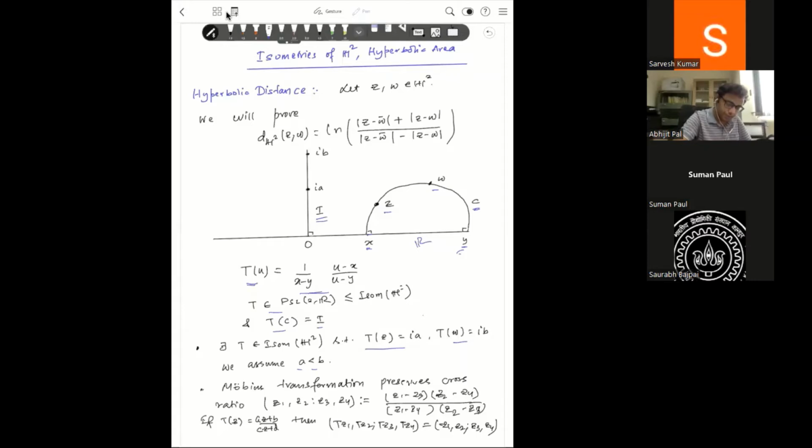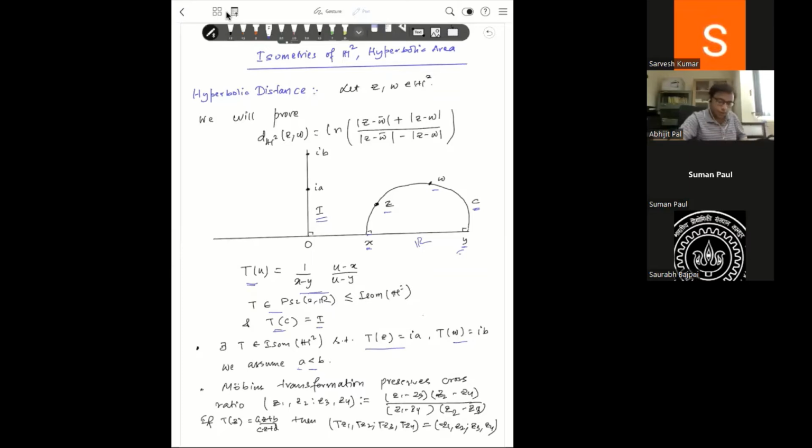So T of C is equal to the imaginary axis. Therefore T(Z) is equal to iA and T(W) is equal to iB for some A and B, and we assume A is less than B.